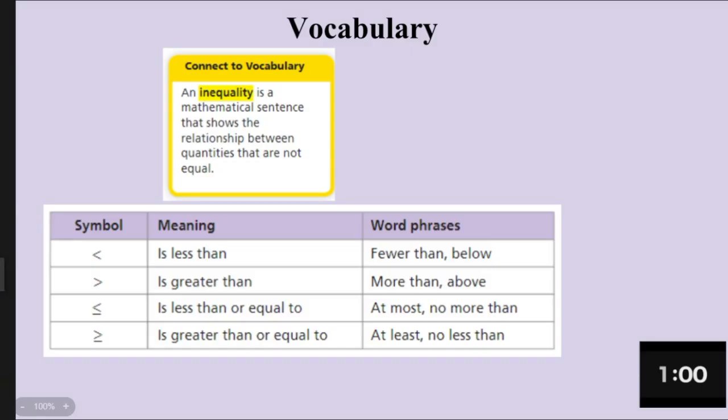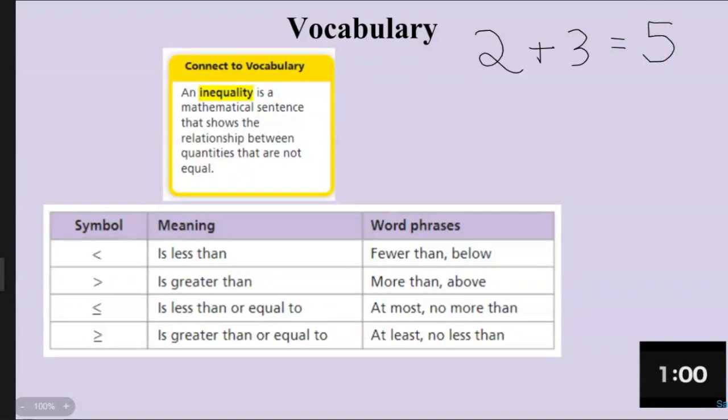Okay, first we're going to take a look at some vocabulary that we'll need. First, let's recall what an inequality is as opposed to an equality. An inequality is a mathematical sentence that shows the relationship between two quantities that are not equal. For example, an equality could be 2 plus 3 equals 5.